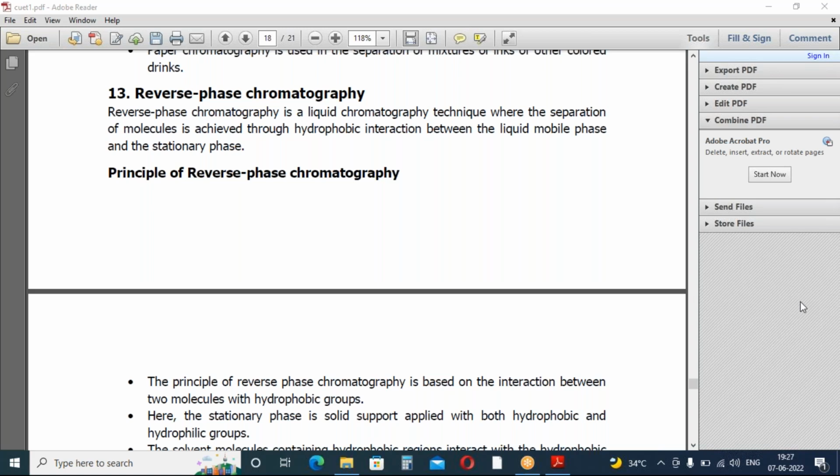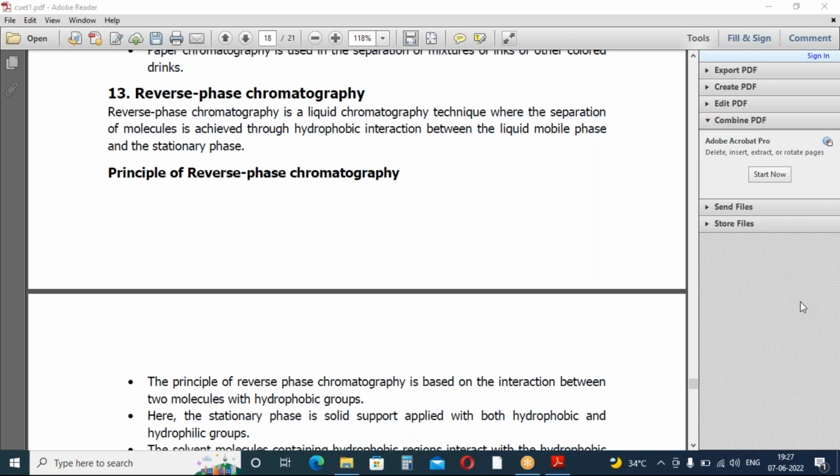The interaction takes place between the molecules and the hydrophobic groups, like in hydrophobic chromatography, the same technique is applied here. That means the phases are different here.